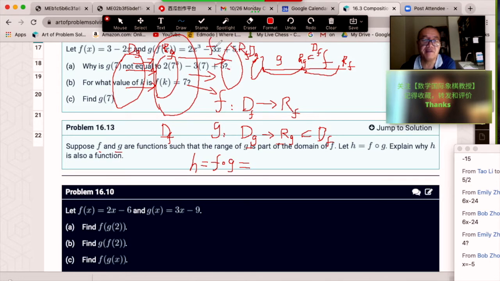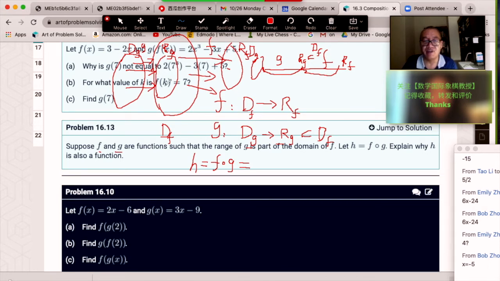This one's f, this one's g. So this one's a function. After you project this value by Rg to Rf, that's another function. So this is like a chain, connecting together. Because this one's a function, then this one is another function.